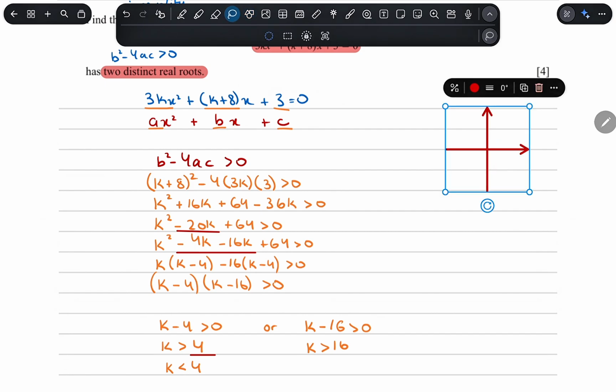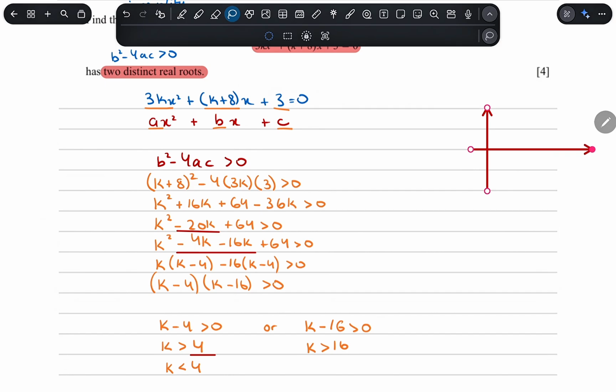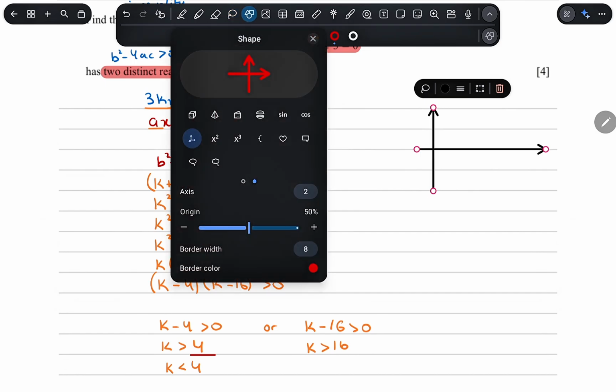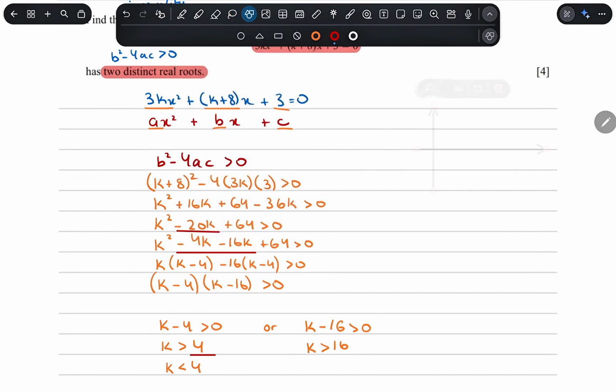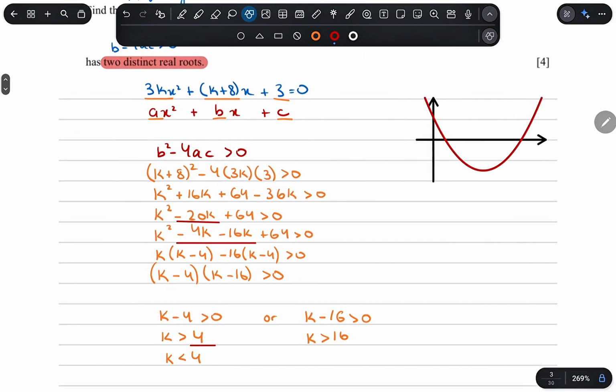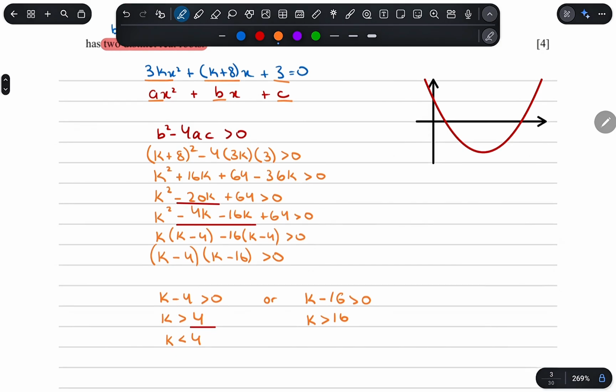let's make a parabola. For the x values where it cuts the x-axis, we have to look at all the values above the x-axis.